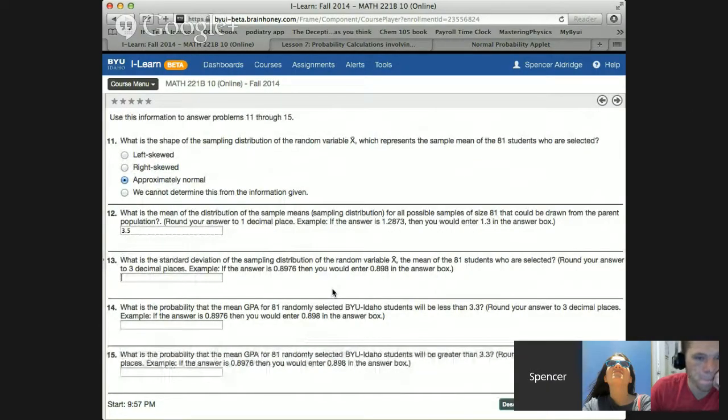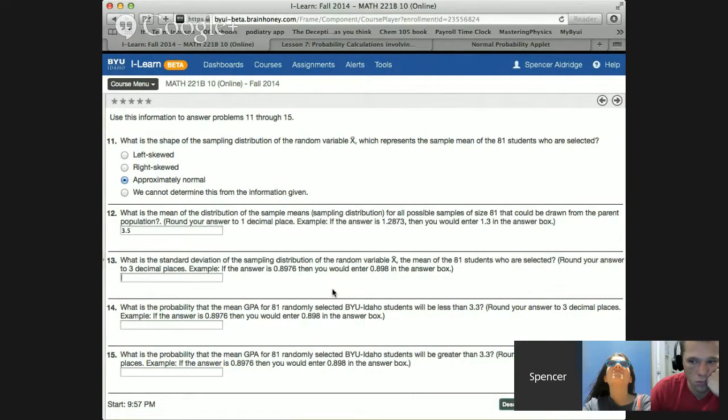Okay, so then the standard deviation would be, well, the standard deviation is different, so it wouldn't be 0.7 because we have to divide it by the sample size, right? So it'd be 0.7 divided by the square root of 81.